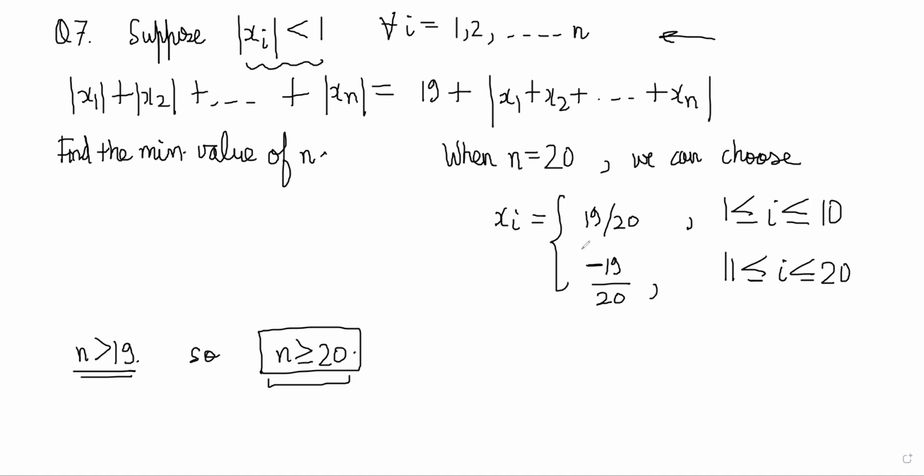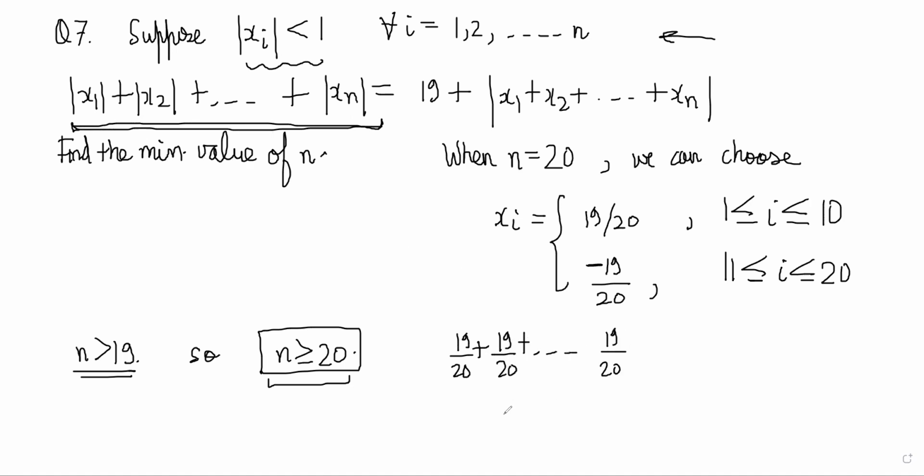And also you have to realize that when you take the sum of the 20 mods, it will be 19 by 20 plus 19 by 20 and so on. There will be 19 by 20, 20 times on the left hand side, so you'll get 19 here. But on the right hand side, you'll get 19 plus the mod of the sum.